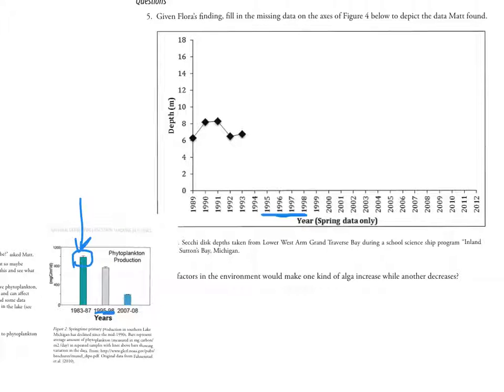So remember that the more organisms you have, the more cloudy it's going to be. Okay? And the less organisms we have, the more clear it's going to be.